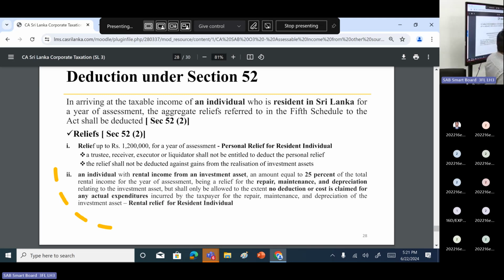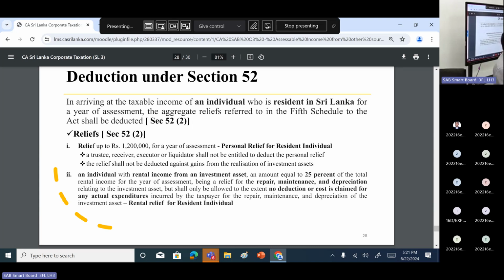Relief up to rupees 1.2 million for a year of taxman. That is personal relief. We just call it personal relief. So any resident individual can claim up to 1.2 million as the relief.